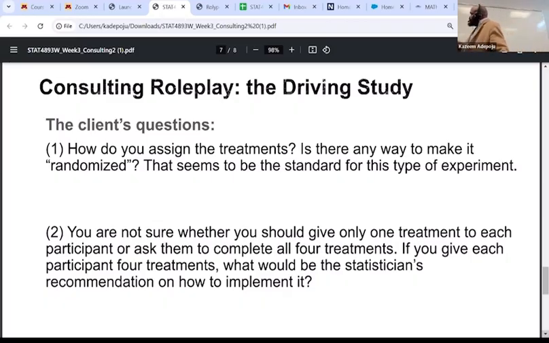So you need to be able to understand that. And if you give each participant 4 treatments, what would be the statistician's recommendation and how to implement it? I remember working with drivers where we wanted to test alcohol.